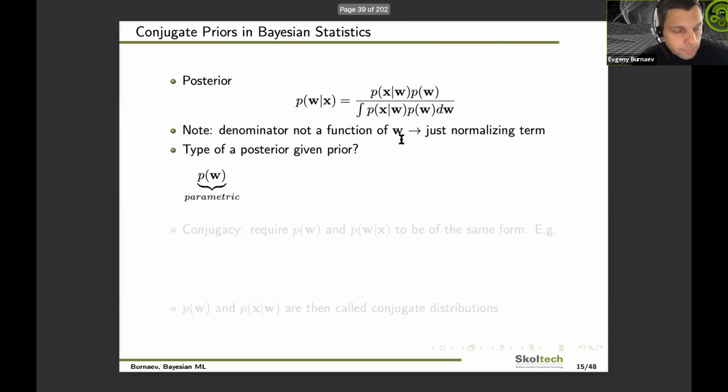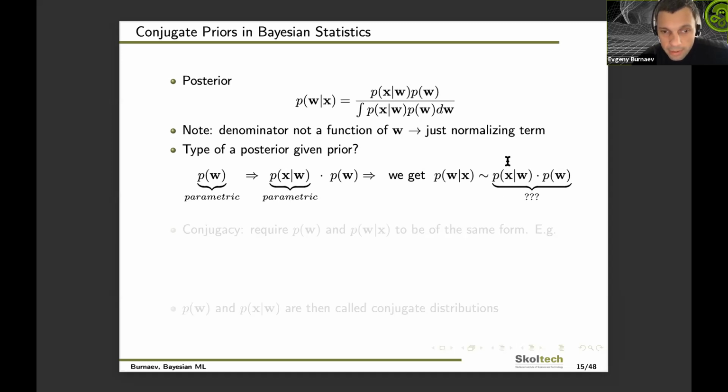The question is, imagine that we have some specific parametric prior distribution for the vector of parameters w. And also we have some specific parametric family of likelihood functions p of x given w.